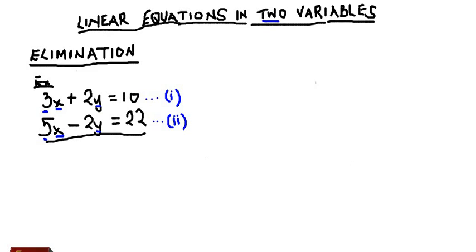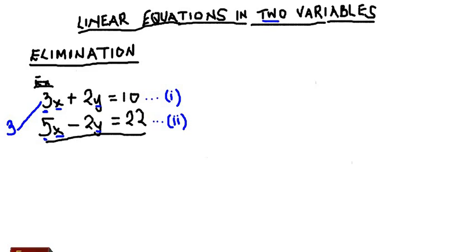So what we do is in equation 1, the coefficient of x is 3. We are going to multiply this 3 by the whole of equation 2.